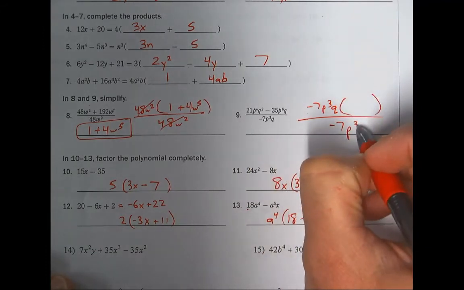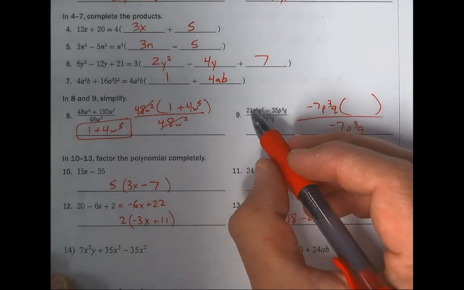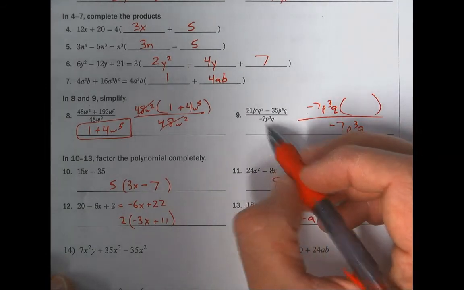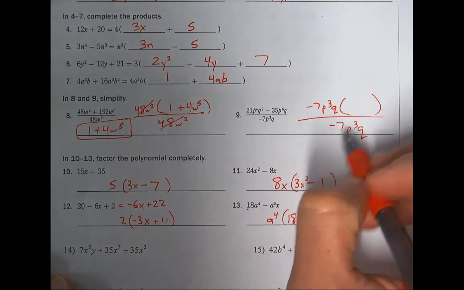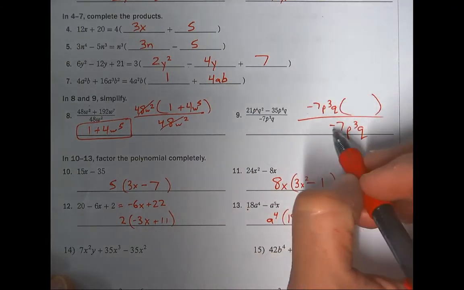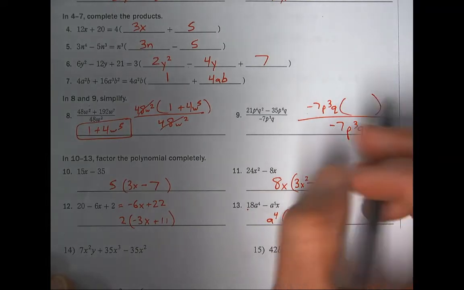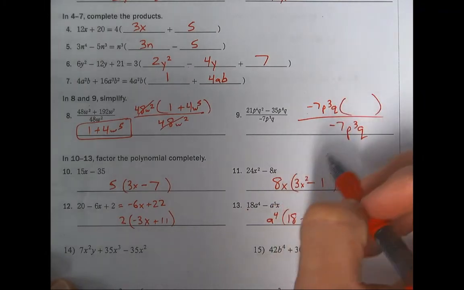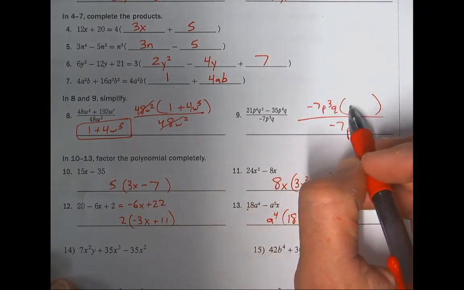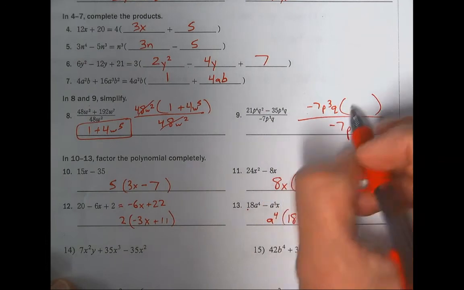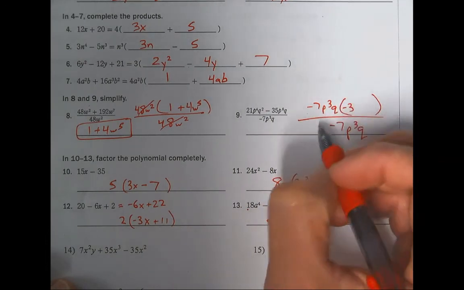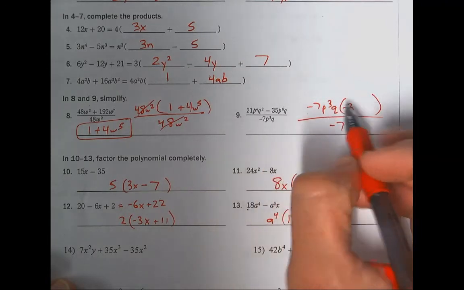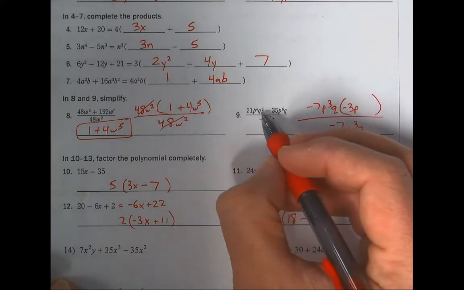And create something that will cancel. So let's see, we'd be multiplying. Now, we did take out the negative 7 on purpose, because otherwise we'd be left over with a negative. If we just took out a positive 7 up here and canceled, that negative would remain, and that can be a little confusing. And so we want to go ahead and pull the negative out now and cancel it completely. So inside here, to create a 21 from a negative 7 would have to be a negative 3. We've got p to the fourth coming from a p to the third, so that means there's just a 1p there.